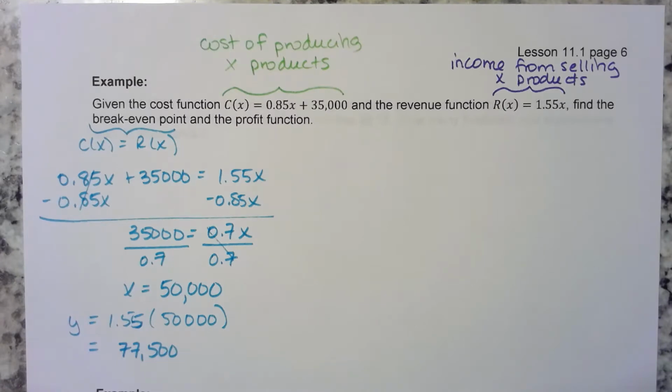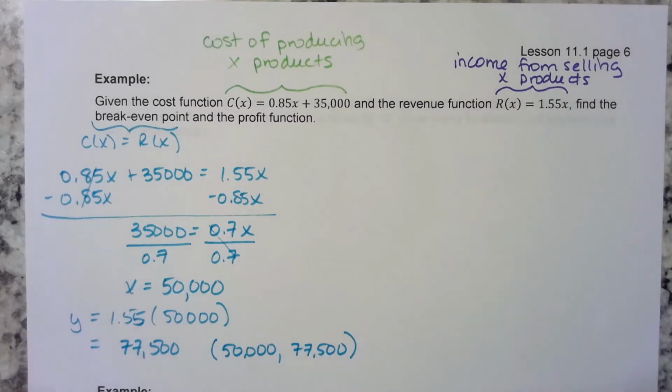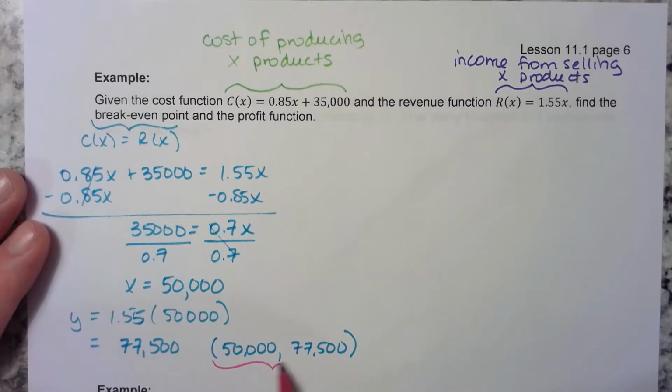So what does that tell us? X is going to be 50,000 and y is going to be 77,500. This is your break-even point, but what do those little pieces mean? It means if you produce, this is your X, right? That's the number of products.